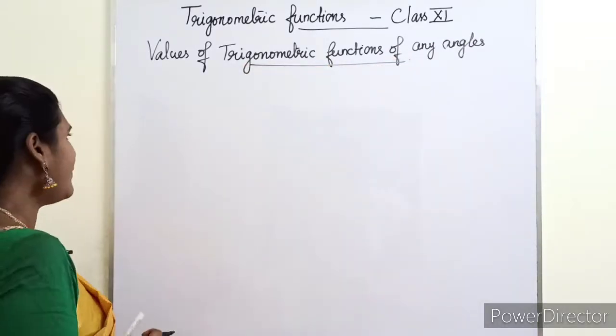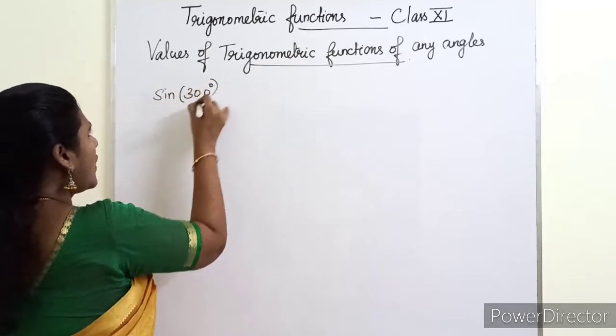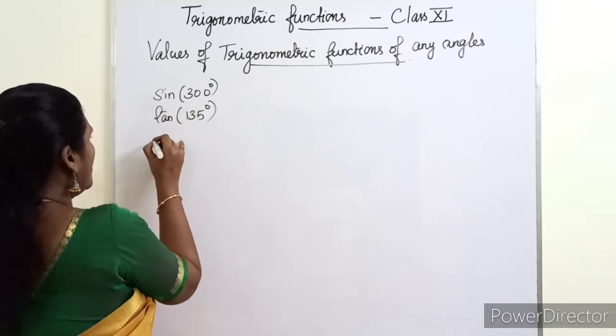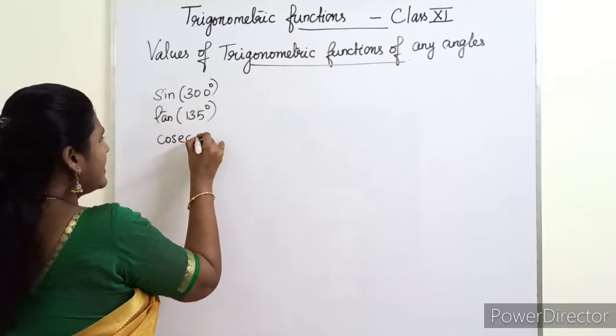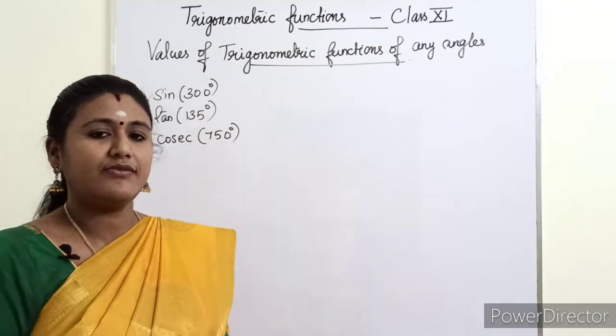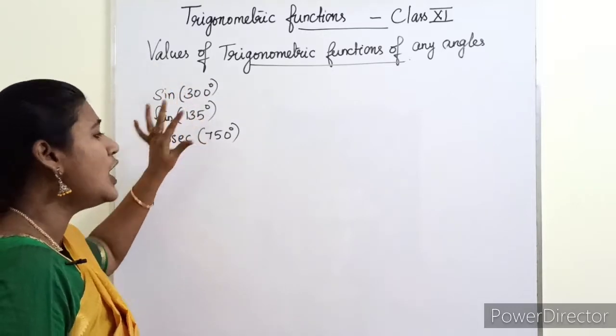Suppose you want to find sine 300 degree or tan 135 degree or cosec 750 degree. Suppose you want to find the values of the trigonometric functions of these angles, how will you find?